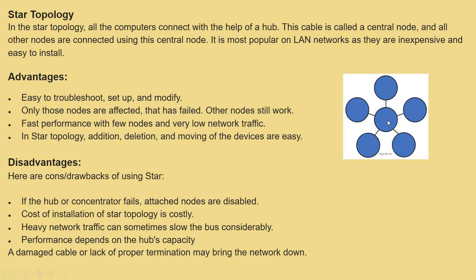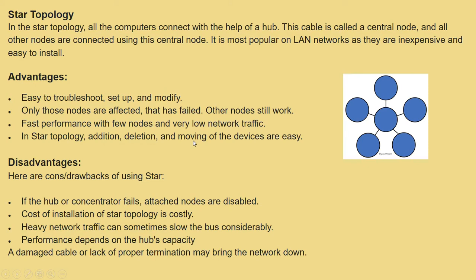Okay, so see this picture. As per the star shape, all the nodes are there, and this is the central node. Here all other nodes are connected using the central node.